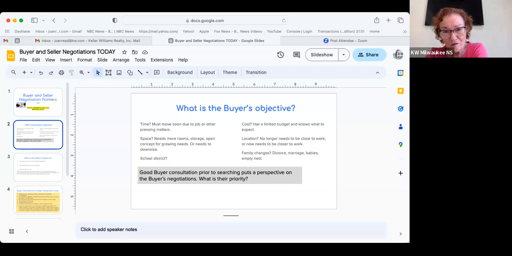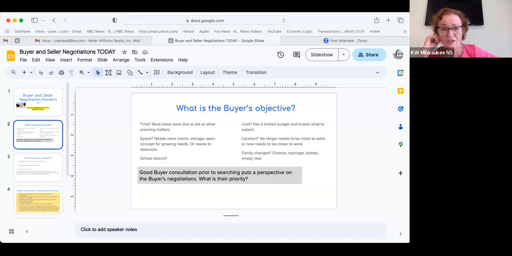Location is very, very important. It doesn't necessarily have to be close to work anymore, because a lot of people are working offline, I mean off the job, but it still is important for schools, for neighborhoods, being close to other friends or family, and make sure that you know why they are making this move.